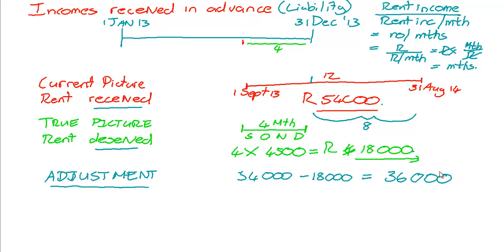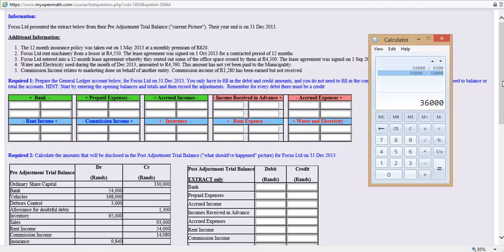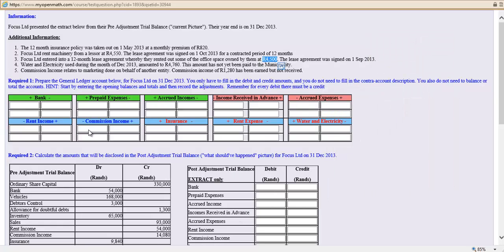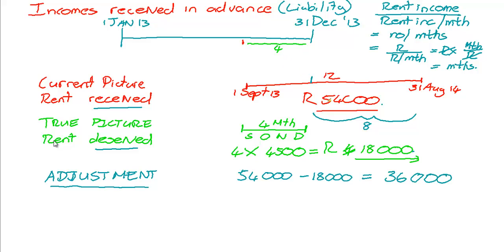Let's quickly indicate this on our general ledger. Our current picture for rent income is a credit of 54,000. We got that here, rent income 54,000. But the true picture is actually a rent income of only the last 4 months, which is 18,000.